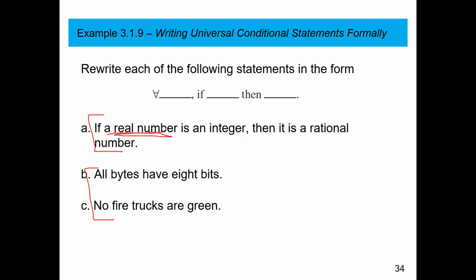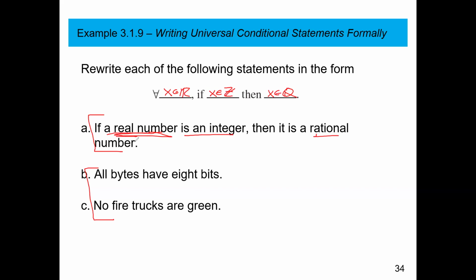So I'm going to write up here, let x be a real number. And then I said if it's an integer. So that means if x is an integer, then it is a rational number. Okay. So I can do it this way and break it up into those sort of little details.